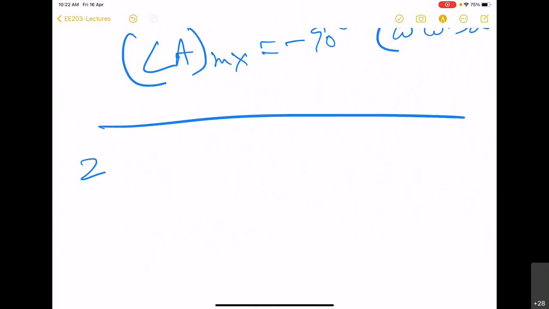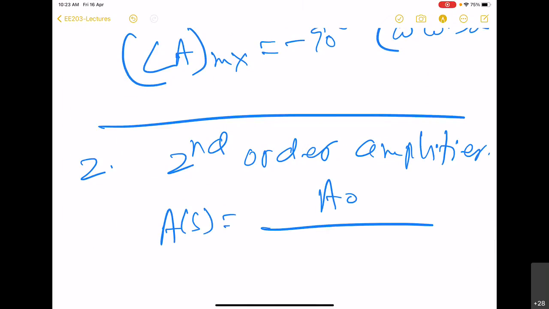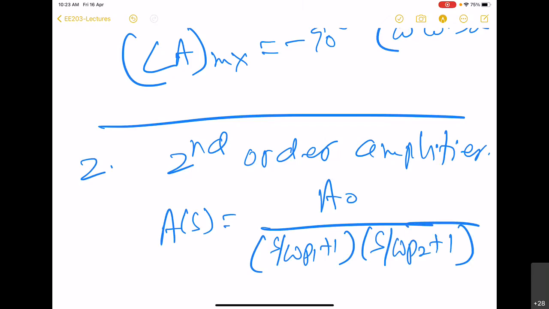Now let us take an amplifier of second order. In this case, the transfer function is going to be A naught divided by (s by omega P1 plus 1) times (s by omega P2 plus 1).